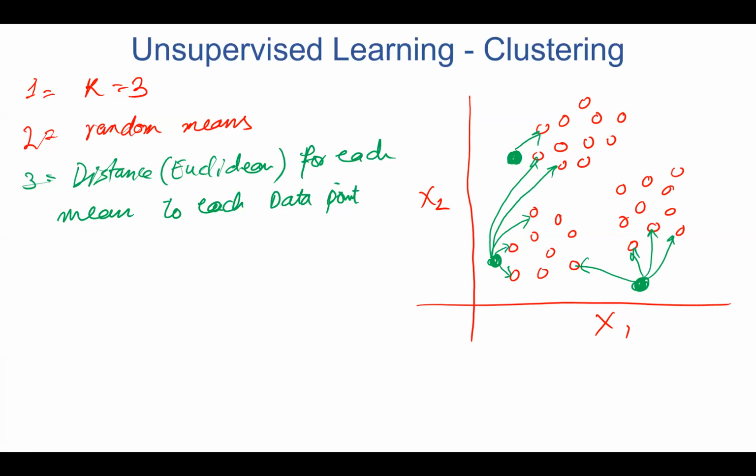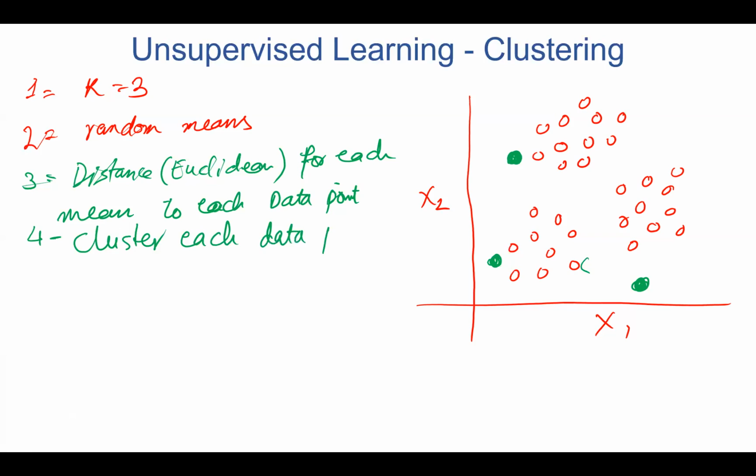After one iteration, let me erase this. After that, update: cluster each data point based on the minimum distance from each mean.